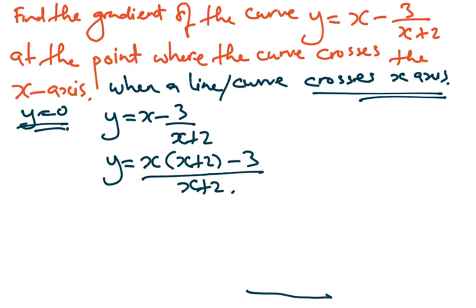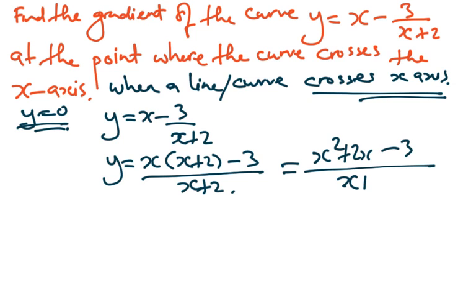Let's make this 0. If I do that, I will be getting x squared plus 2x minus 3 over x plus 2. So when y equals 0, 0 equals x squared plus 2x minus 3 over x plus 2, you bring it over, that becomes 0.